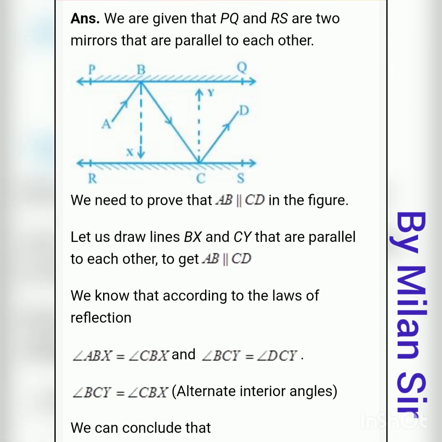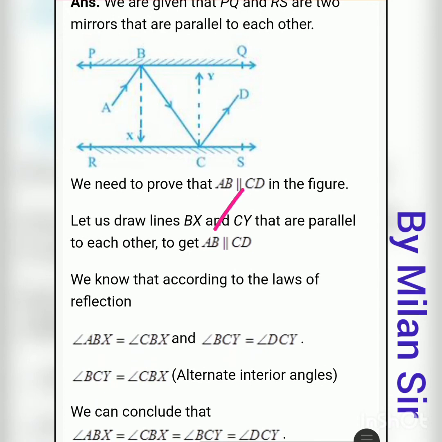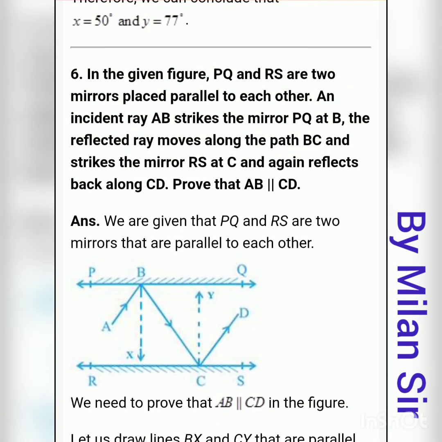Now first of all, we know that according to the law of reflection, here AB is the incident ray, right?